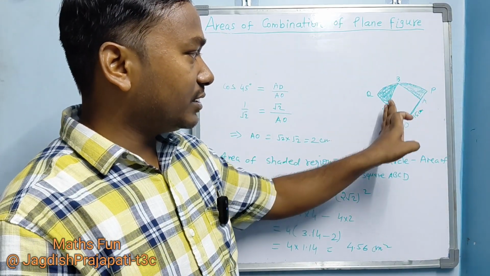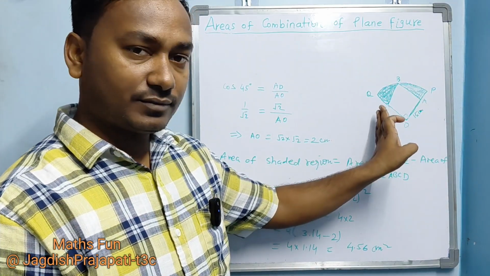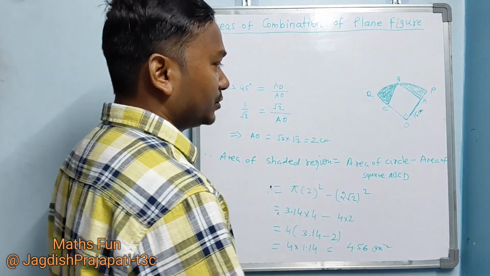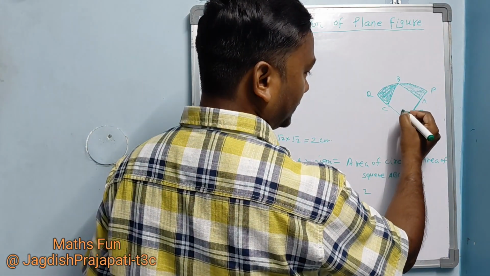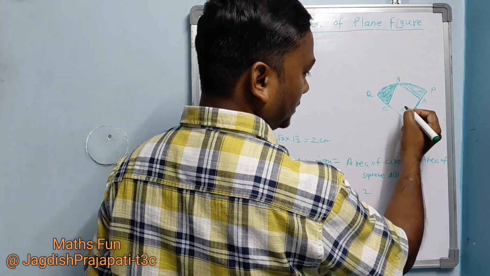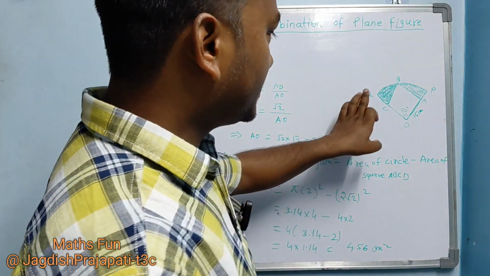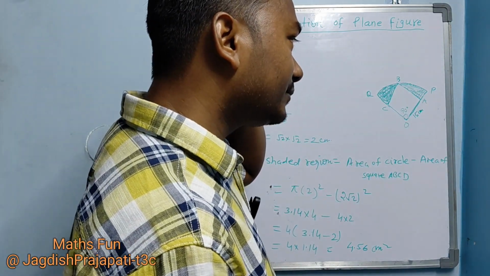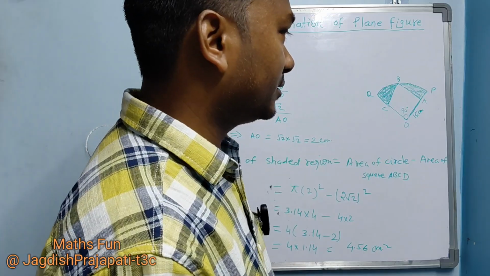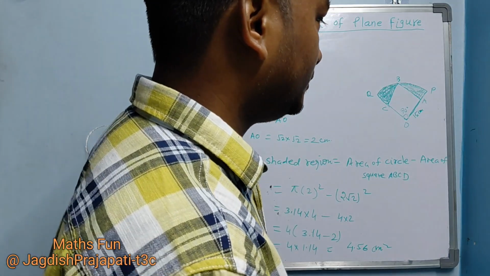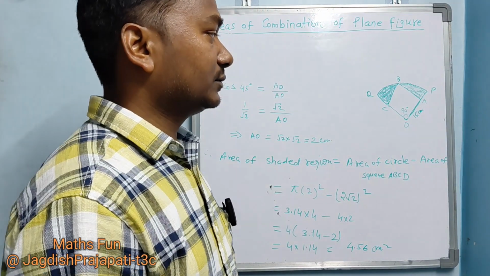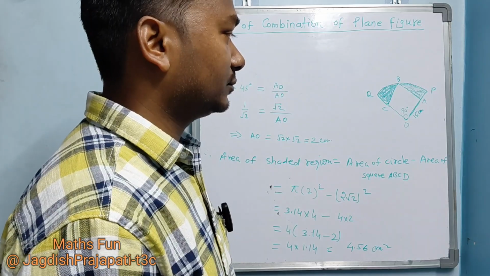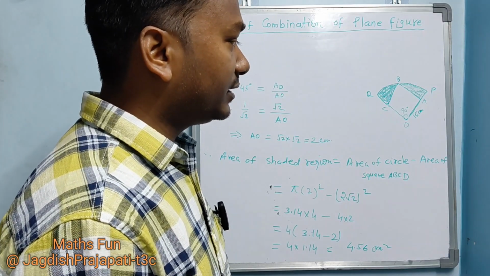Since this is a square and each interior angle of a square is 90 degree. So this is 90 degree. And this is a sector, but we don't know the radius. How will you find that?